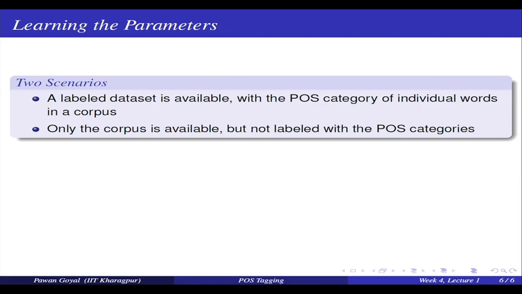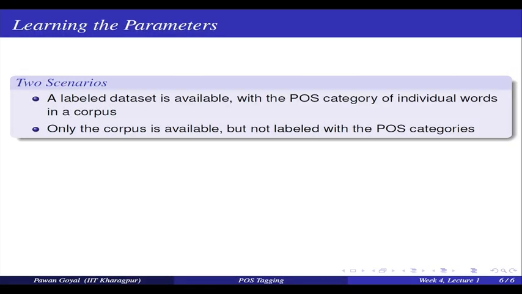The first scenario is where a labeled data set is available. What do you mean by a labeled data set? You have a set of sentences available to you. For each sentence, you also know the actual part of speech tag sequence, the tag for each individual word. Somebody has manually labeled it for you. So this is a labeled data set.